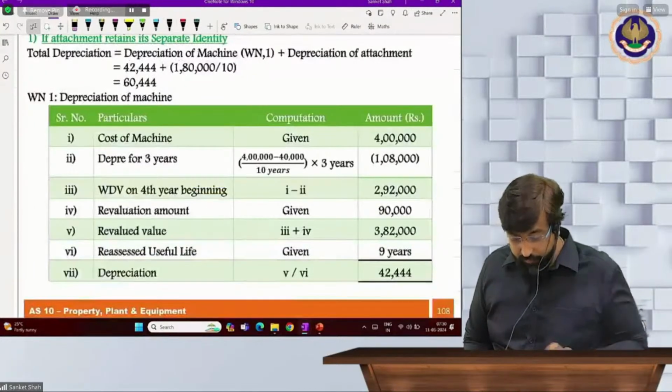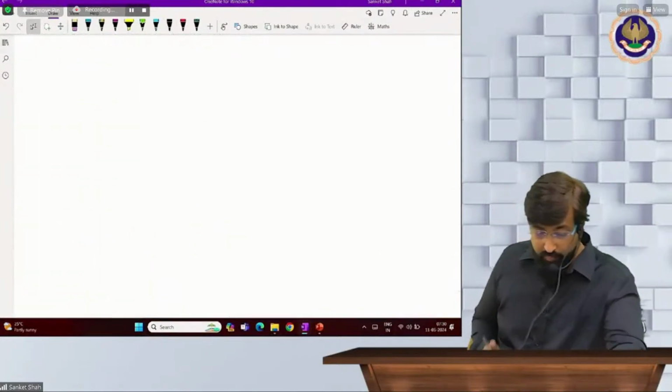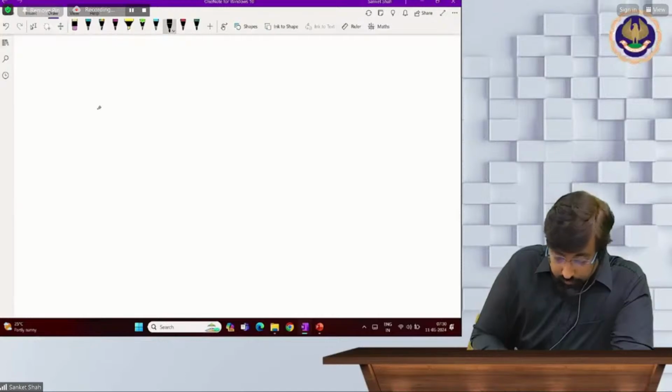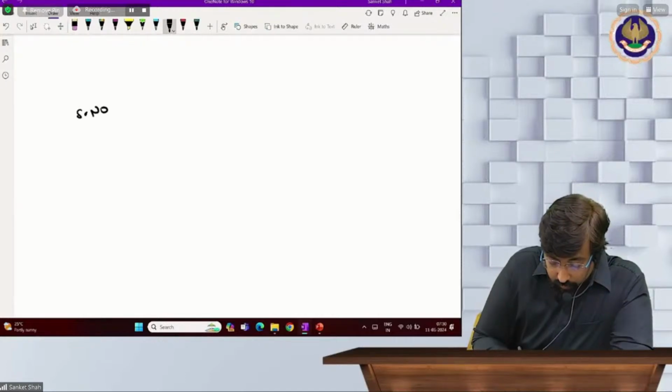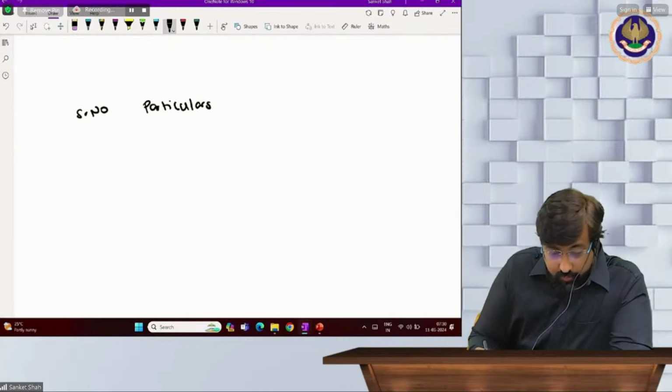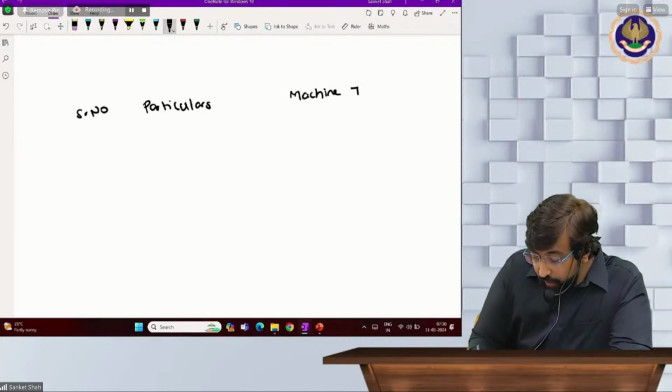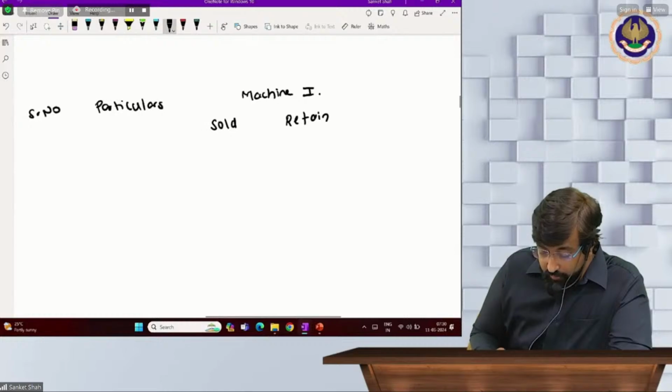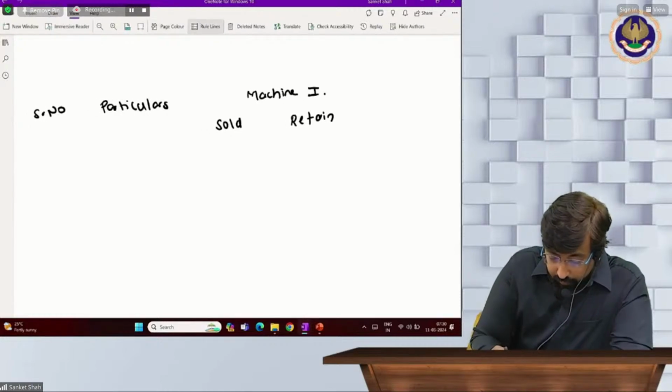See, how to calculate this. There is one first machine, of which you are going to sell part and some part you are going to retain. Correct?